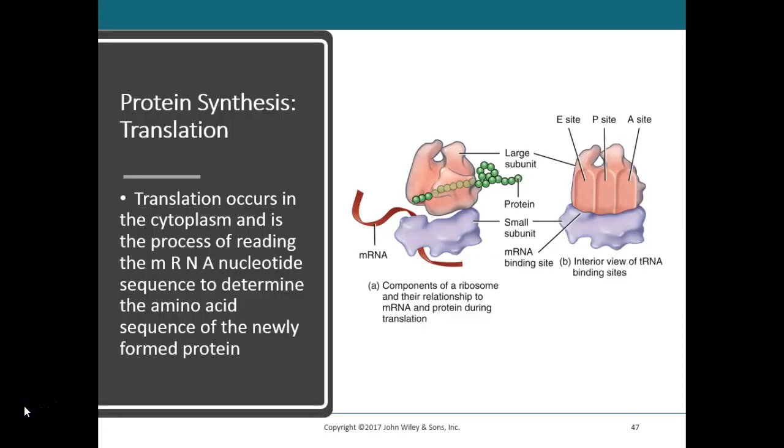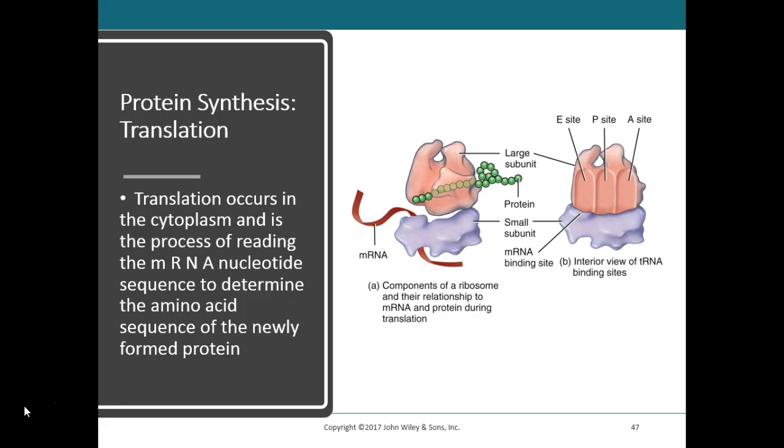Now our strand of messenger RNA that we just made in the nucleus is out in the cytoplasm. Translation is the process of reading that messenger RNA nucleotide sequence to determine the amino acid sequence of the protein. So transcription gets all the information inside the nucleus from that gene and makes the mRNA.